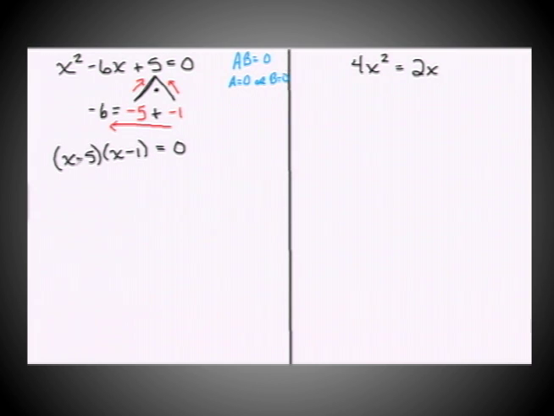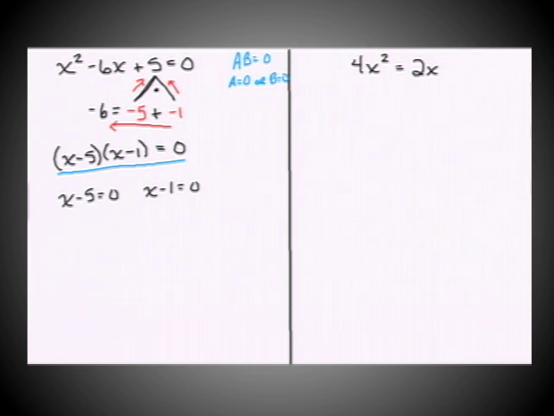So if you look at this part of our process, you should see that that is two factors being multiplied equaling 0. So to apply the zero product principle, we simply set each of those factors equal to 0, because we know at least one of them had to be 0 to be able to multiply and make 0.